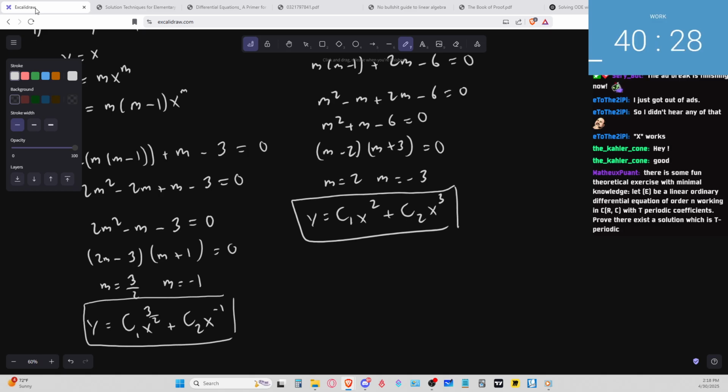Huh, that's an interesting one. I don't know if I have the fortitude to be able to solve that. I'm probably going to be thinking about that.